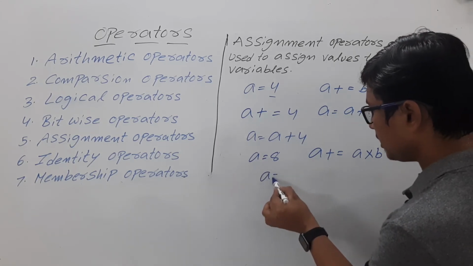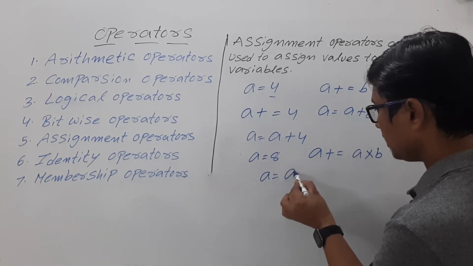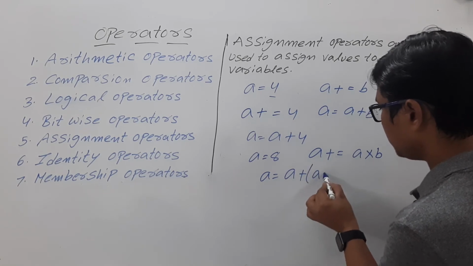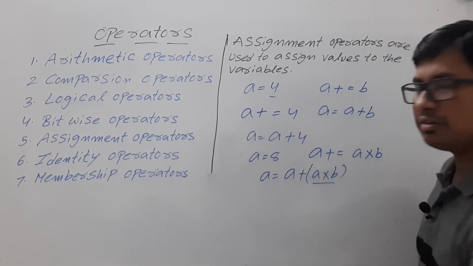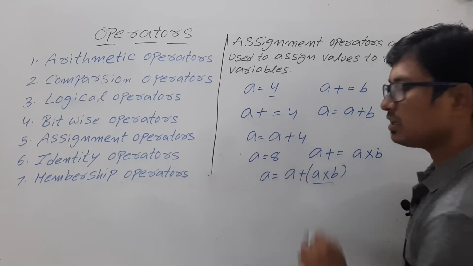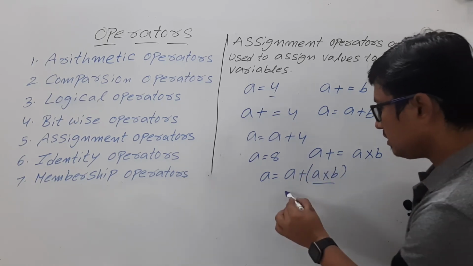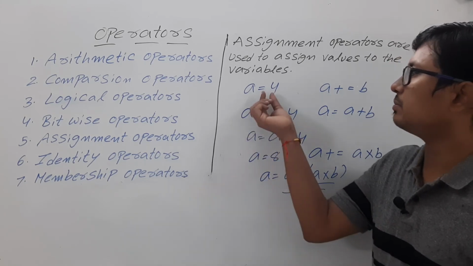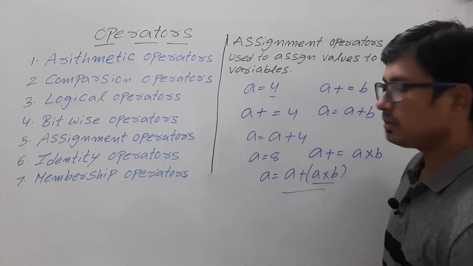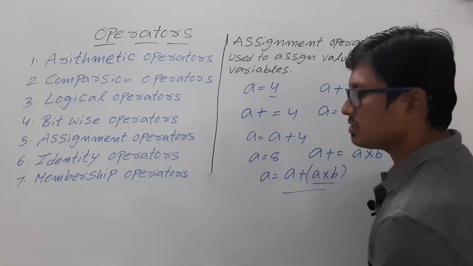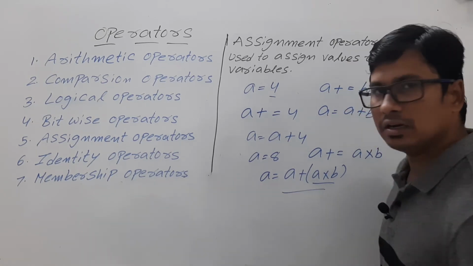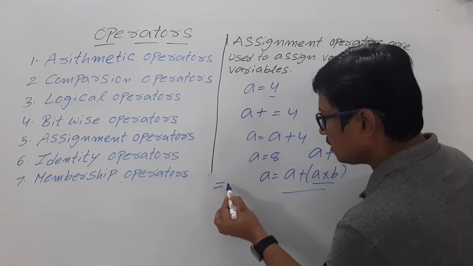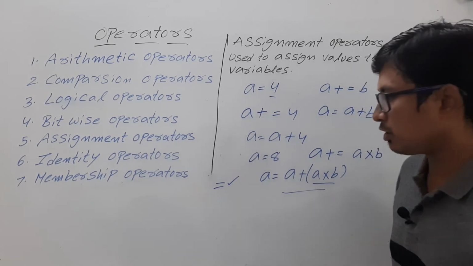Then it will be a is equal to a plus a into b. First a into b will be performed, then a will be added to that result, and that value will be stored in the variable a. So this is about the assignment operator. In any programming language like C, Python, Java, this equal to will be considered an assignment operator.